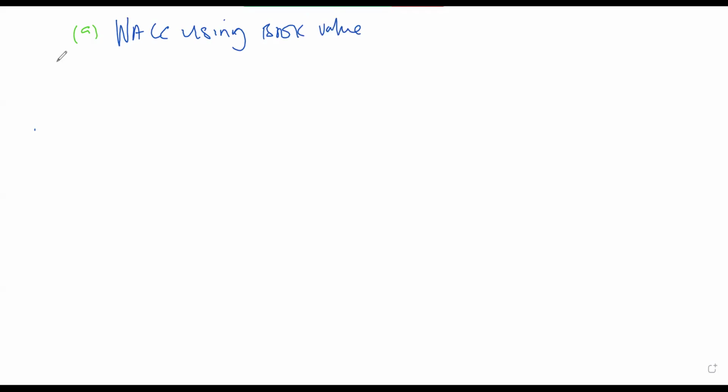But we said that WACC can be computed as the value of equity over equity plus... So you have to always look at the capital structure. So now we have equity plus what? Short-term debt plus long-term debt.